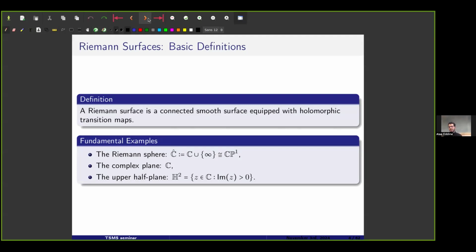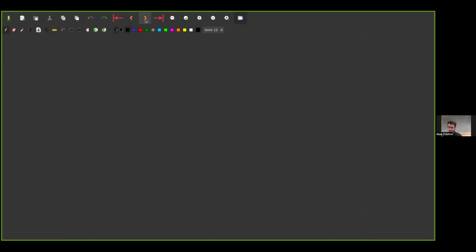I recall that a Riemann surface is a connected smooth real surface equipped with holomorphic transition maps, and some examples include the Riemann sphere, that we can see as the complex projective space CP1, the complex plane, and the upper half plane, or any open set of C. And these three examples, why I call them fundamental examples, it is because they are the only simply connected Riemann surfaces.